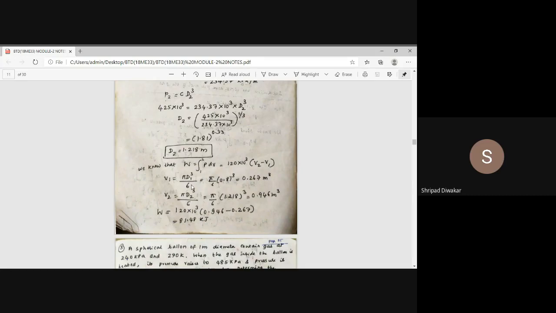So we have to find out the value of V1. V1 is pi by 6 into d1, we know 0.8 cube, we get 0.267 meter cube, and V2 is pi by 6 into d2 cube, so pi by 6 into 1.218 meter cube. So we'll get V2 as 0.946.